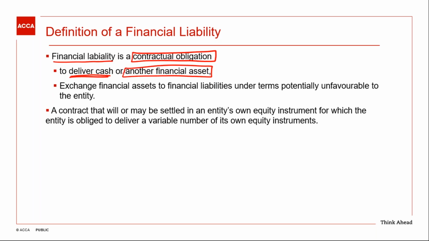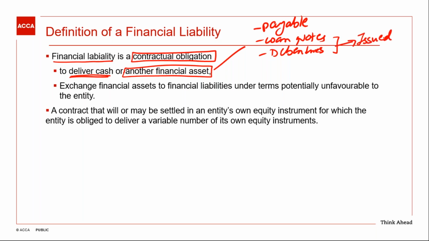So if we are liable to give cash, such as payables, it is a financial liability, or such as any loan notes or debentures which we have issued. This means that we have received the loan and we need to repay it back. So from the issuer point of view, it is a contractual liability to deliver cash.